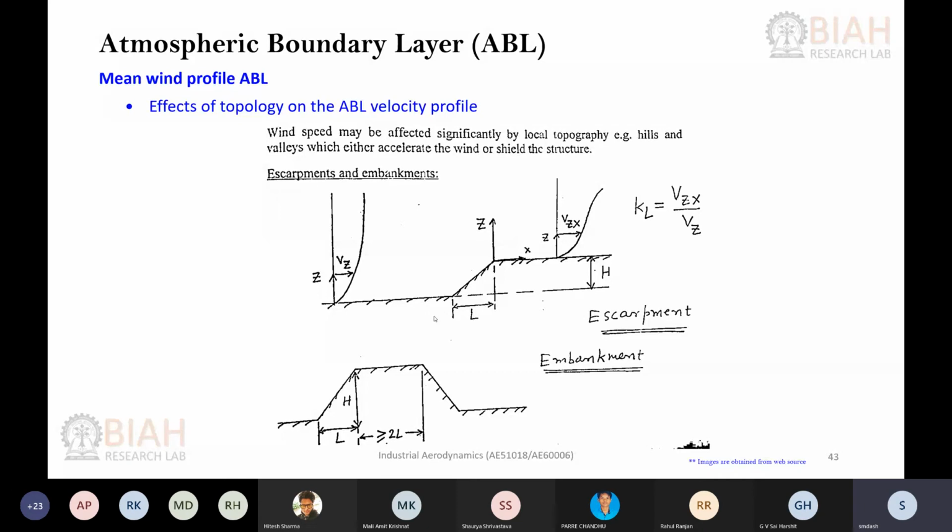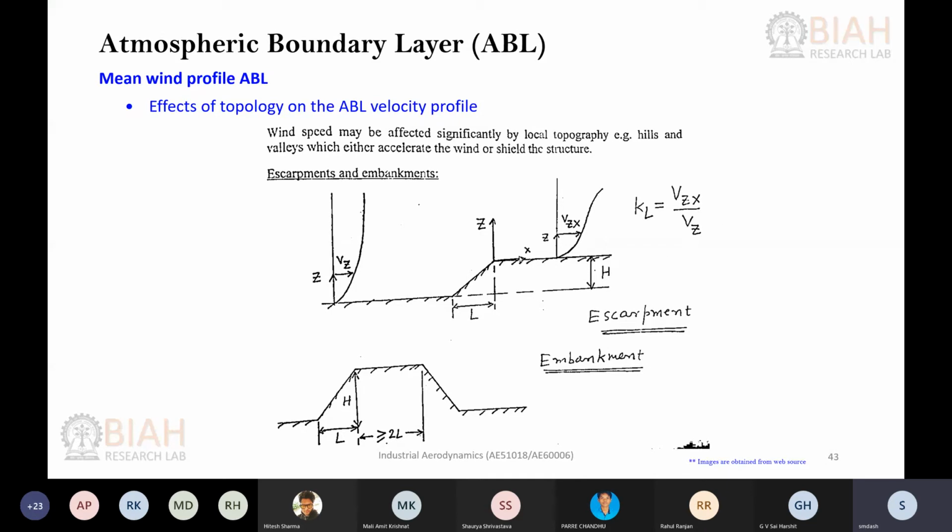But suddenly, if the ground condition changes from a flat surface to an escarpment or embankment type, which is most commonly seen in a hilly area, like if you suddenly go to a plateau situation, just going higher.